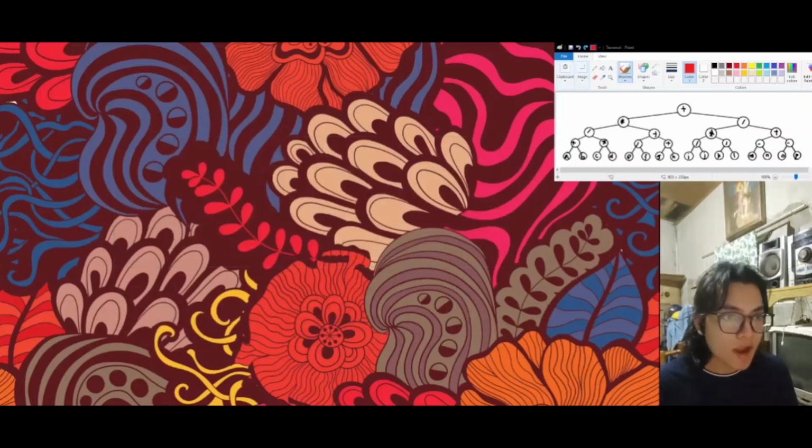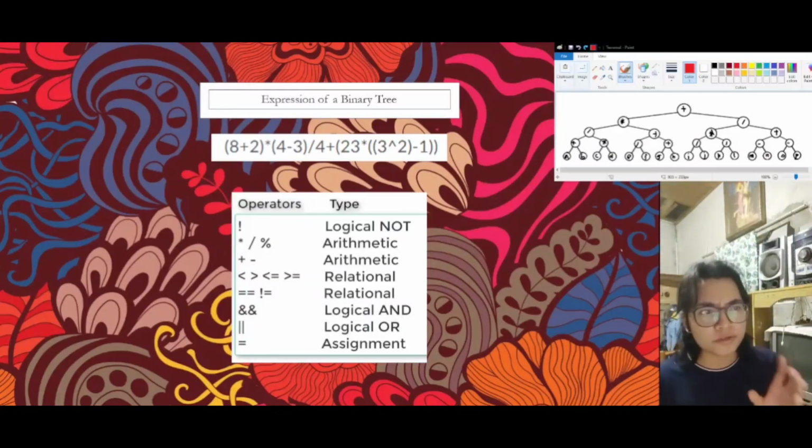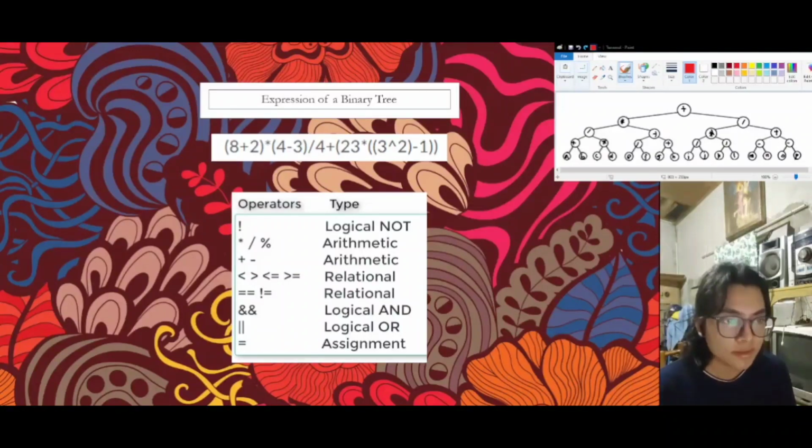So after discussing the traversals, we're now going to explain how an expression turns into a binary tree. So how do we turn this expression into a binary tree? First we're going to look at the operation hierarchy of computer programming. We're going to start with, of course, logical NOT if we consider all things.